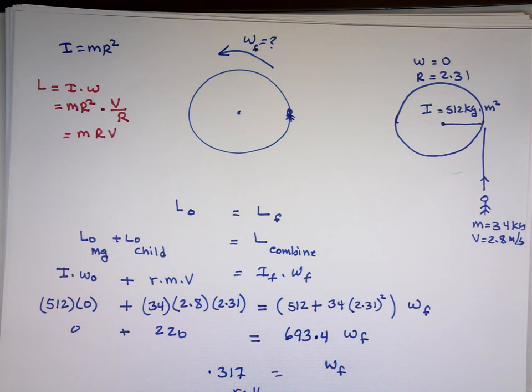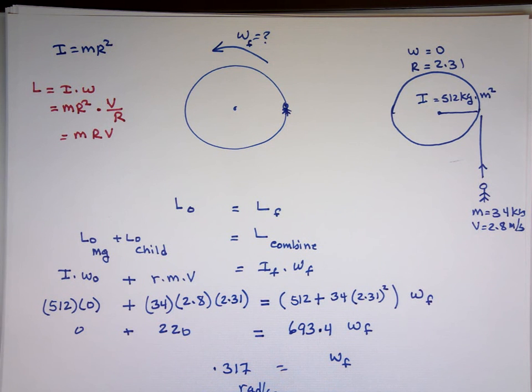So by that person jumping on it, it is going to change the inertia too. The inertia is whatever the inertia used to be, plus the inertia of that person, which is the mass times r squared. So in this case, we actually increased the speed.